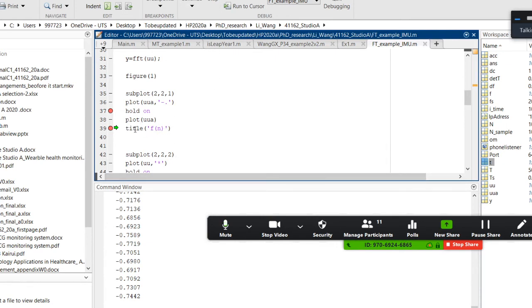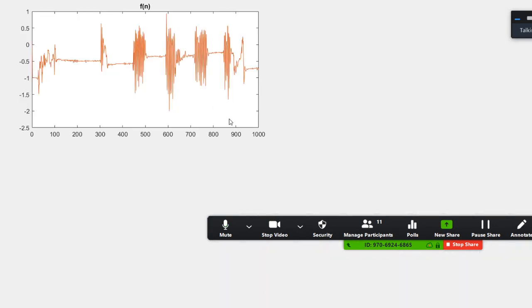This is the title. The input function is called fn, so you can put a title called fn, and then I run it. You can see there will be a title here. So this fn is a subtitle for the first figure, and we also can draw the second one.